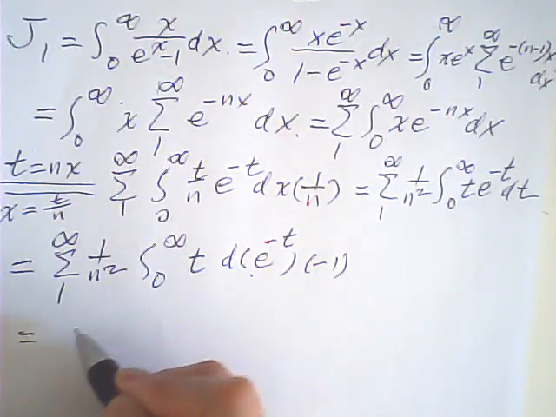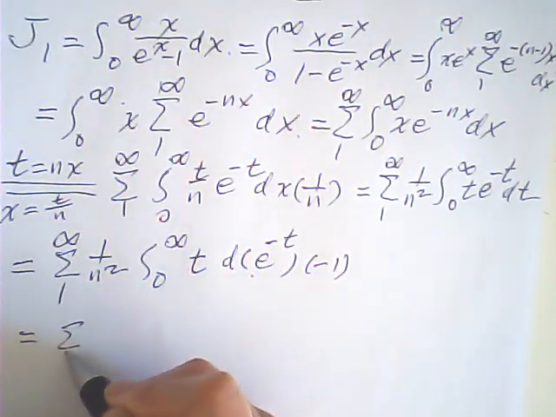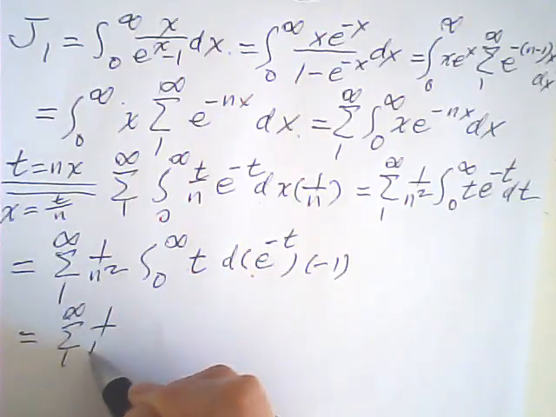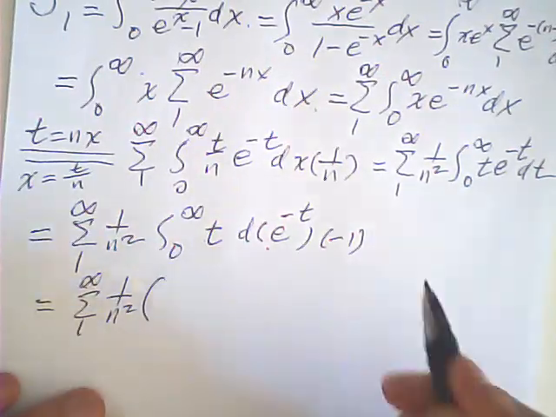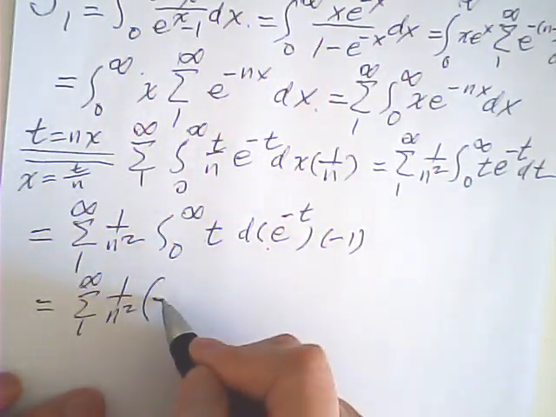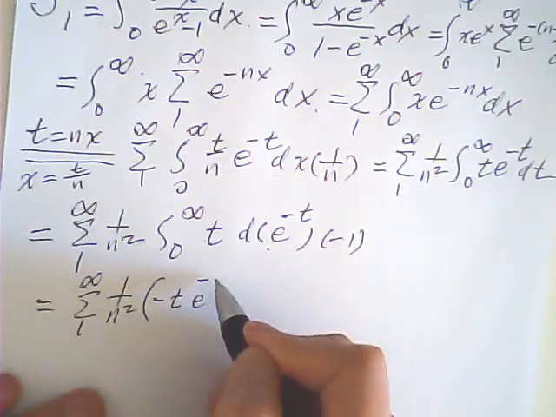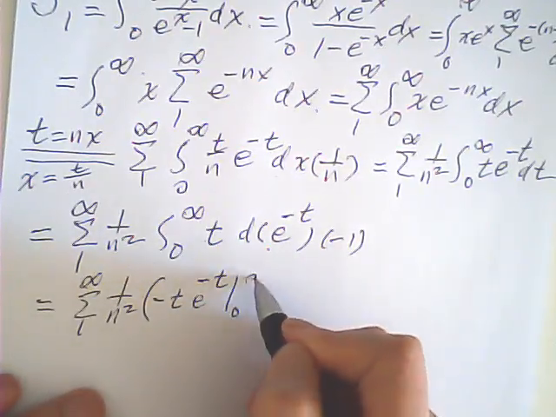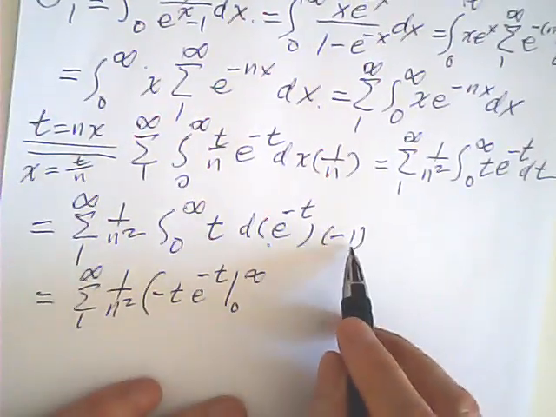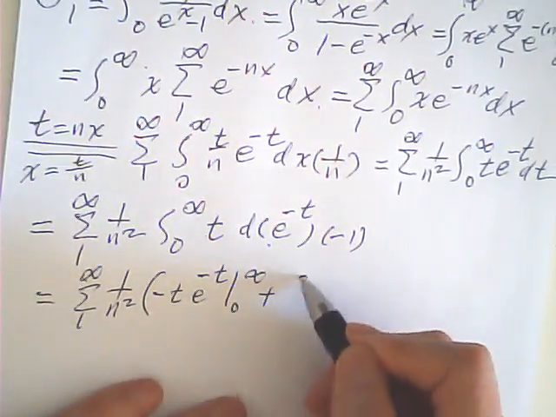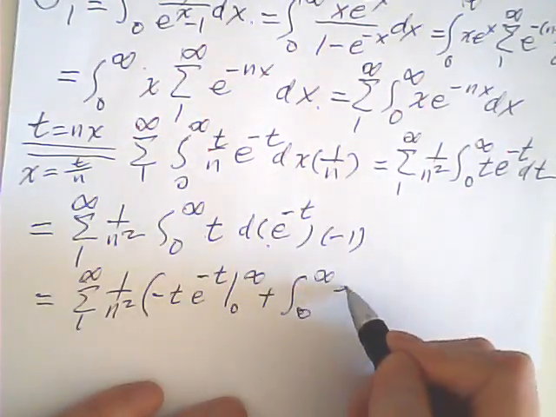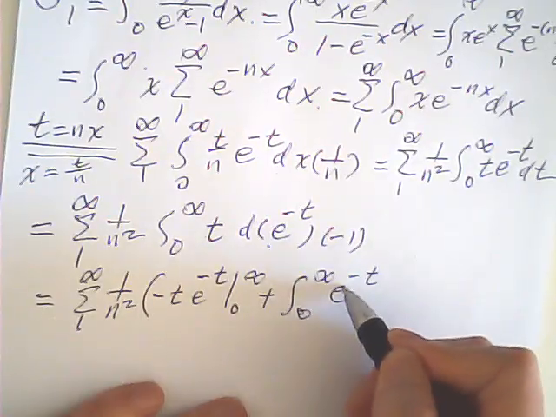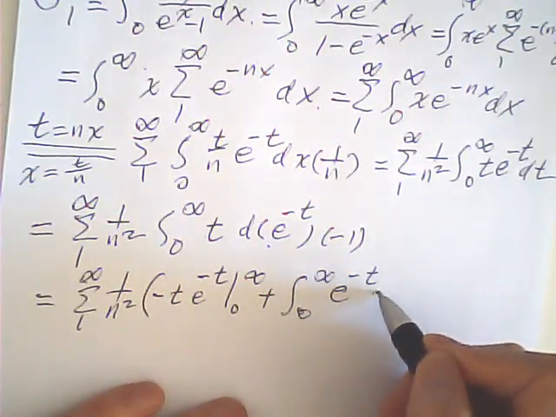So this is equal to the sum of 1 over n squared times uv minus the integral of v du, so it becomes plus the integral of v du, where v is there and du is dt.